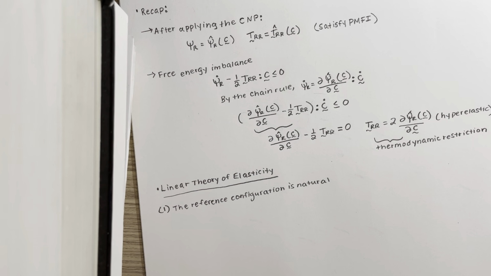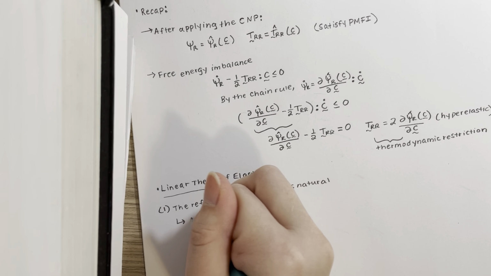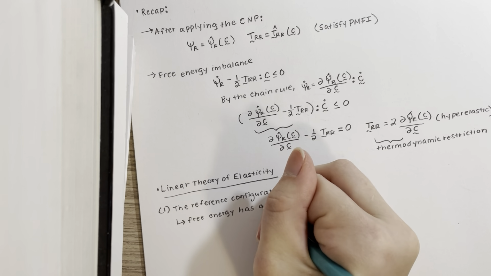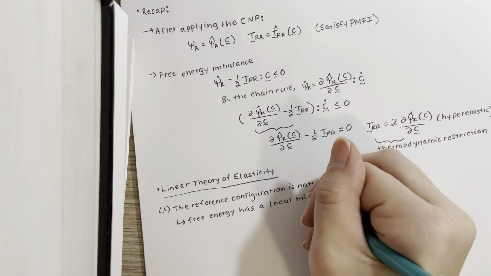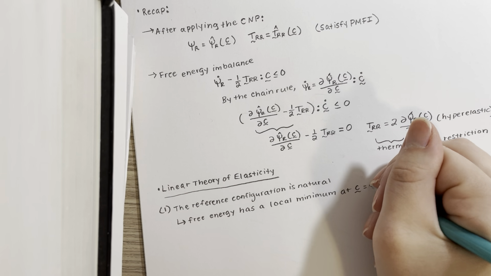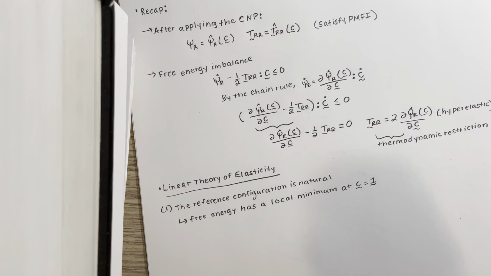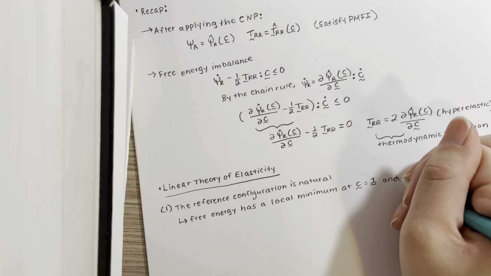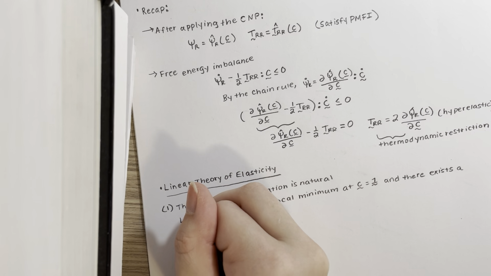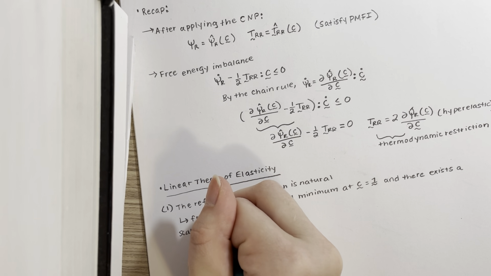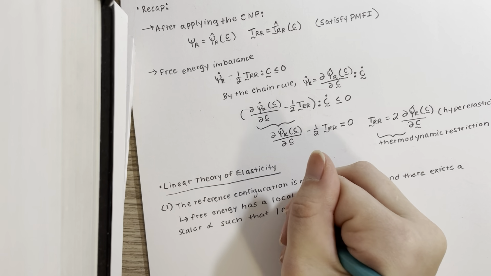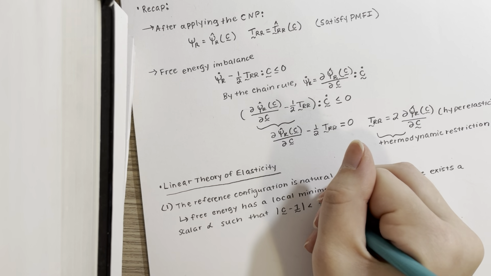So what does this mean? This means that our free energy has a local minimum at C equal to 1, the identity tensor, and that there exists a scalar alpha such that the magnitude of C minus the identity tensor is less than or equal to alpha.